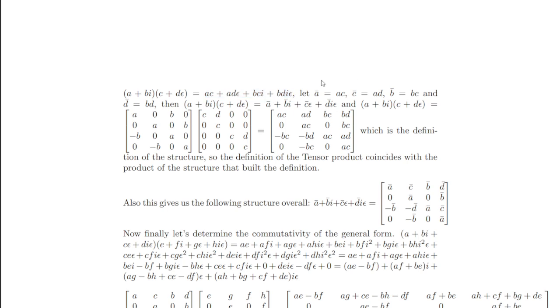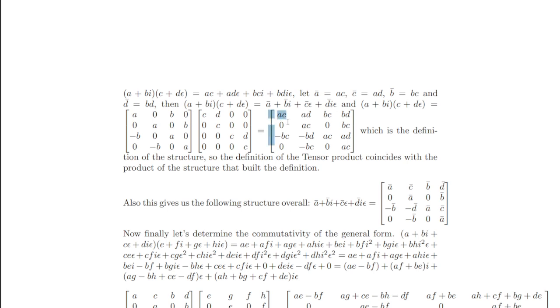But let's define A bar, B bar, C bar, and D bar such that it is the component of the real number, the I component, the epsilon component, and the I epsilon component of the R4 vector. This will give us A plus BI times C plus D epsilon is A bar plus B bar I plus C bar epsilon plus D bar I epsilon. And we plug this in.